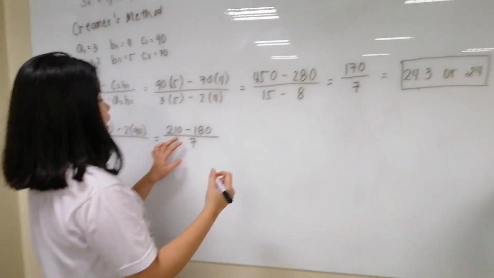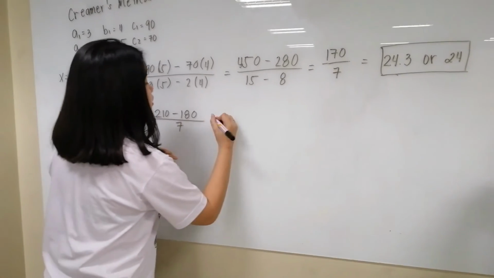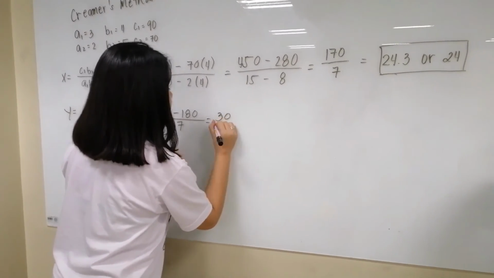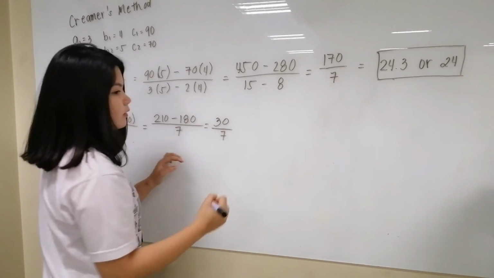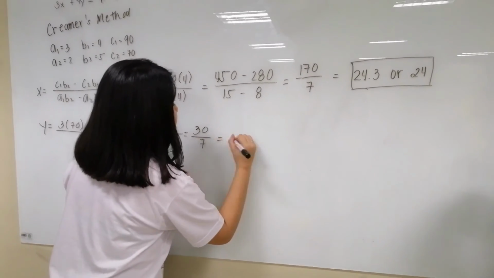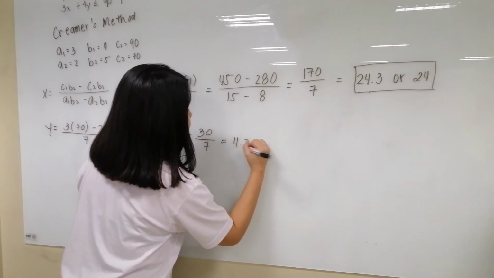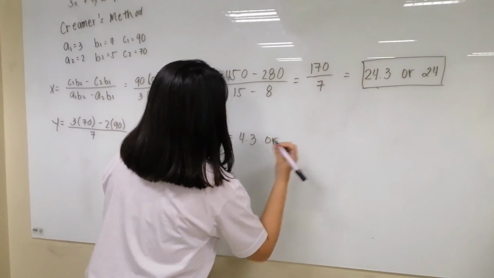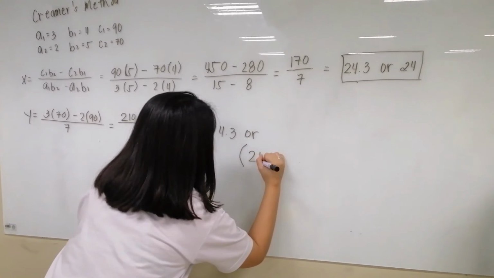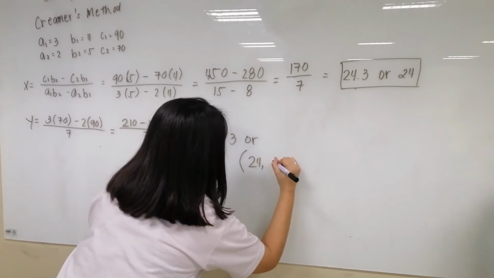Next, 210 minus 180 is 30, over 7. 30 divided by 7 is 4.3, or 4. So here's the answer: 24 and 4.